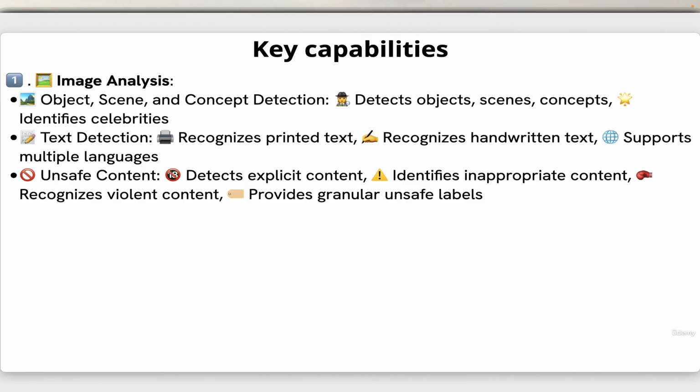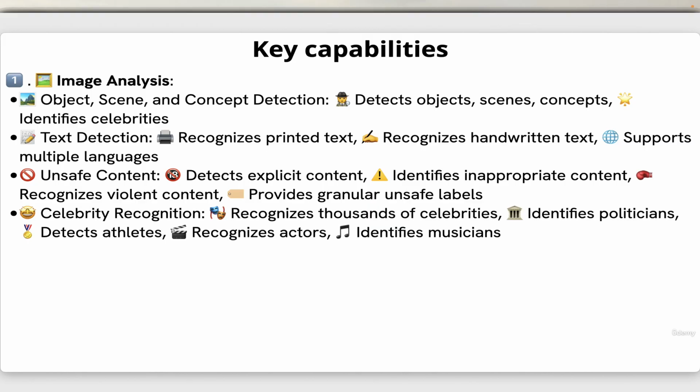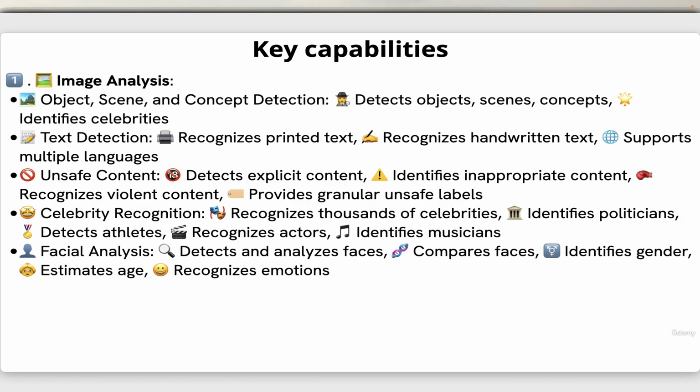It also detects granular unsafe content labels. Celebrity recognition. It can recognize tens of thousands of celebrities in your images across different categories such as politicians, athletes, actors, and musicians. Facial analysis.